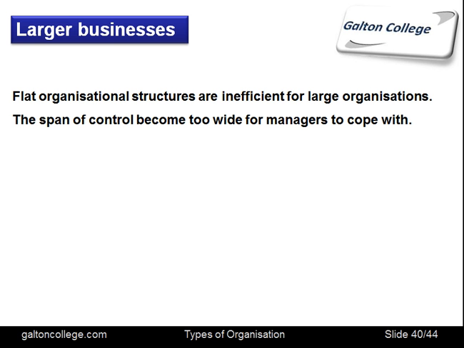Large businesses, well, flat organisational structures are inefficient for large organisations. The span of control becomes too wide for managers to cope with. In a large organisation, one manager may have 100 people reporting to him or her.